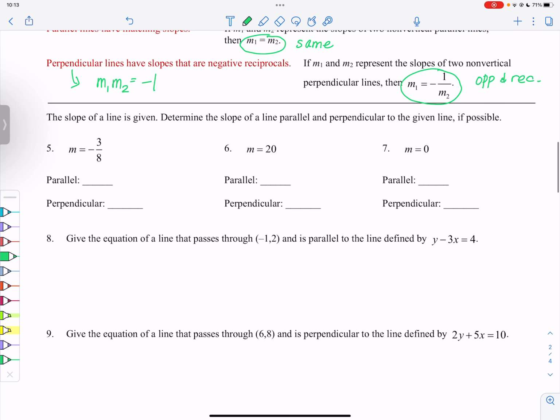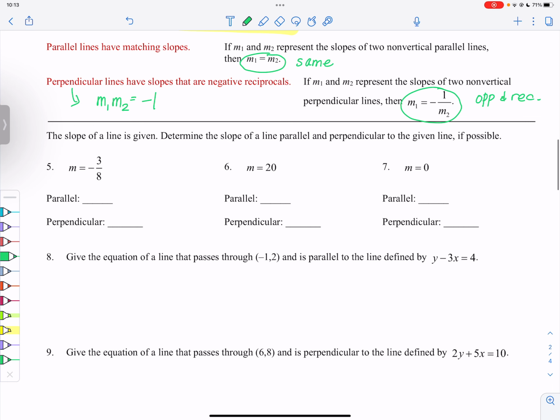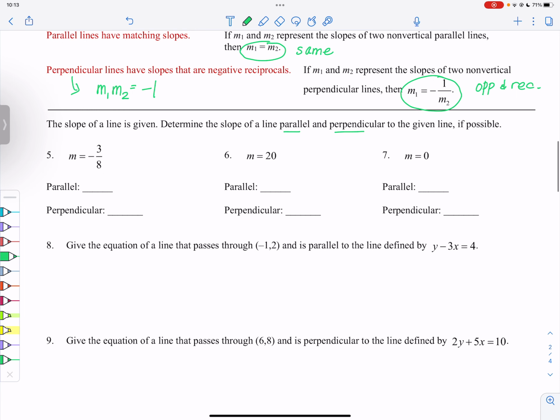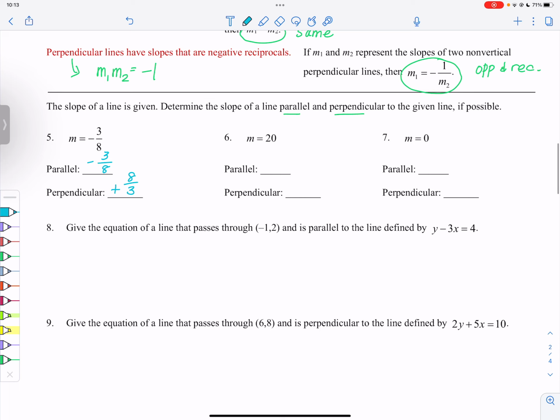So the slope of a line is given. Determine the slope of a line parallel and then perpendicular. So if our slope is -3/8, our parallel slope will be the same, and our perpendicular slope will be the opposite and the reciprocal. If we have a slope of 20, a parallel slope will be the same, and a perpendicular will be the opposite and reciprocal.